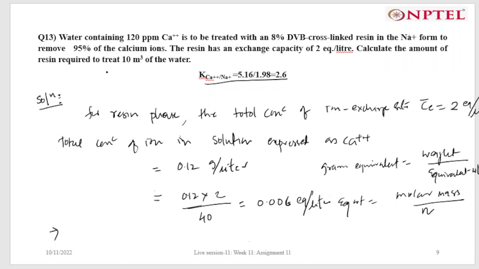Here it is mentioned that 90% of the calcium ions are removed at the end of equilibrium.